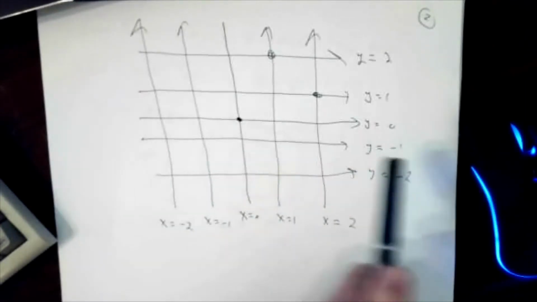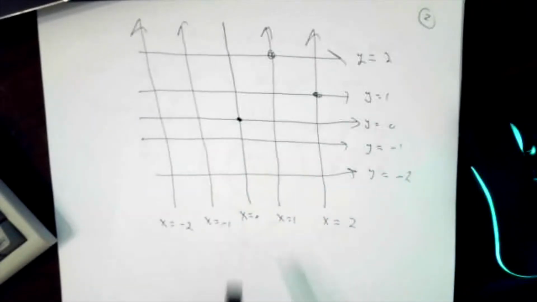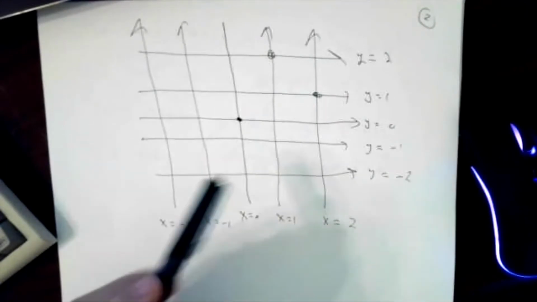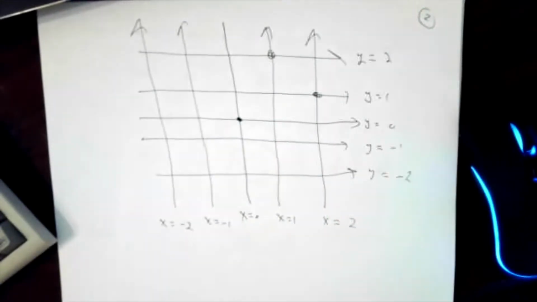There's the x-axis, y equals 0, the y-axis, x equals 0, the point where they cross each other is the origin, and we describe where we're at in the plane by telling which one of these vertical lines we're on and which one of these horizontal lines we're on.